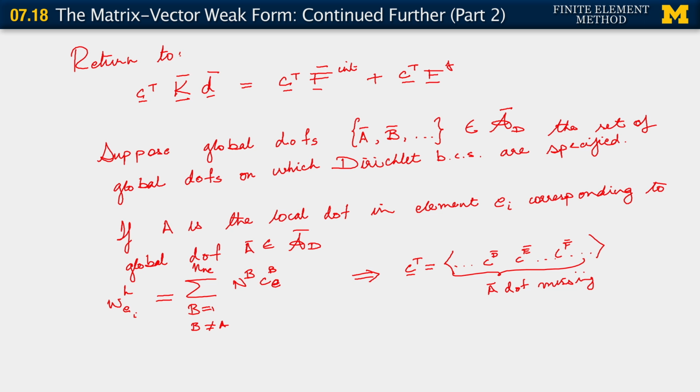And this will hold for all degrees of freedom that have the Dirichlet boundary conditions specified on them, right? So if this is so, we know that now the dimension of C transpose is going to be somewhat reduced.